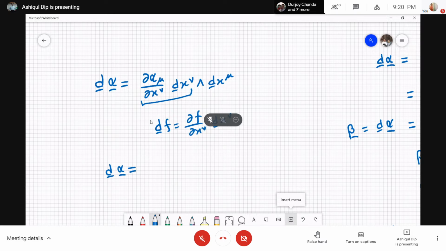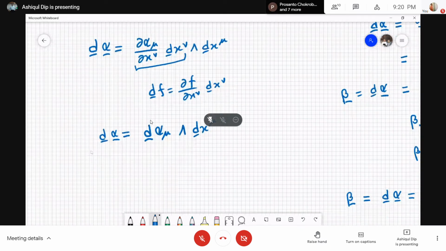We can collect that part to be d alpha mu, where d is the exterior derivative of a scalar field. d alpha mu, then take the wedge product with the rest. So this was the extension for a one form, how to take the derivative of a one form.